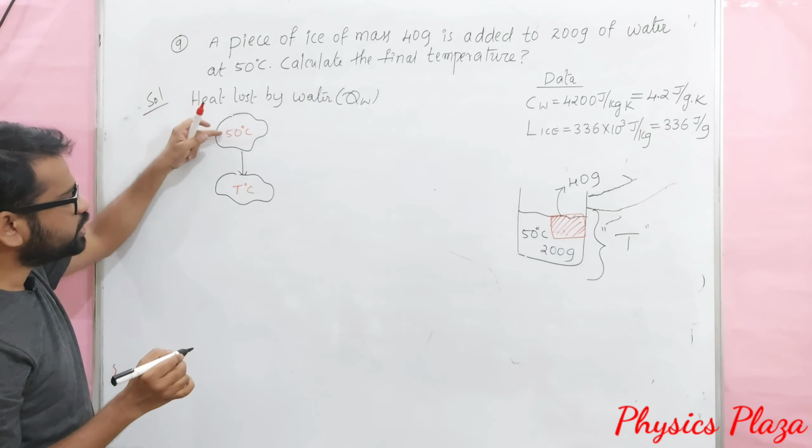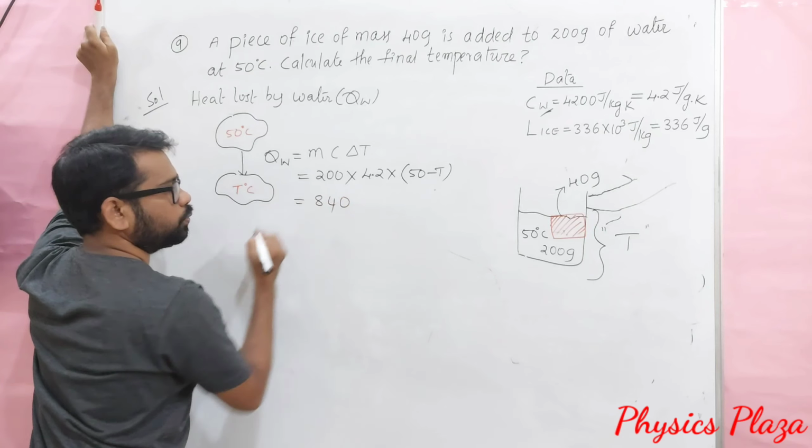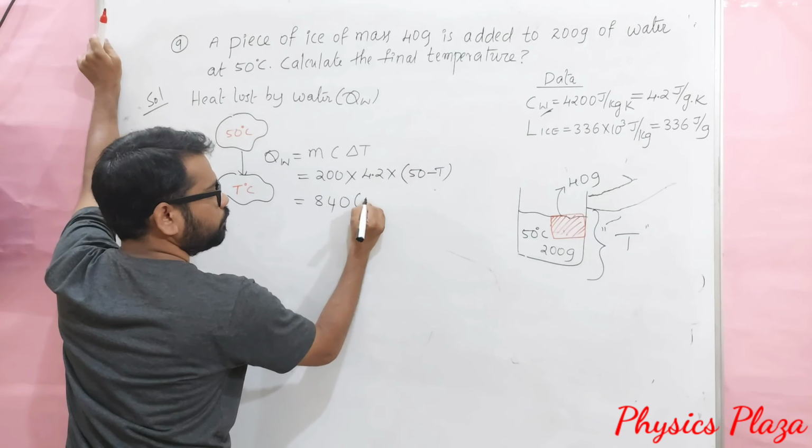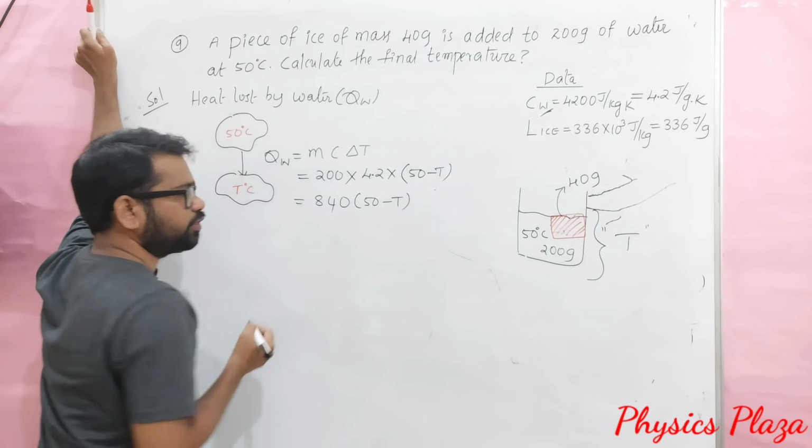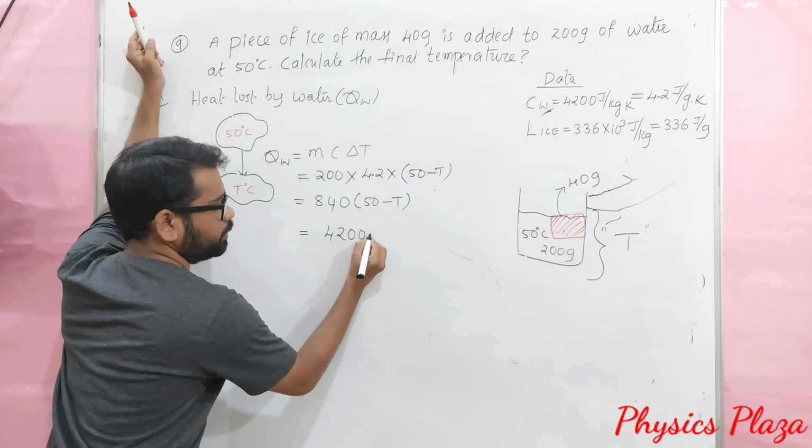So, QW is equal to, which formula should we use? mc delta T. M is given, it is 200, into specific heat capacity of water 4.2, into delta T, 50 minus T. So it will be 840 into 50 minus T. This will be 42000 minus 840T.